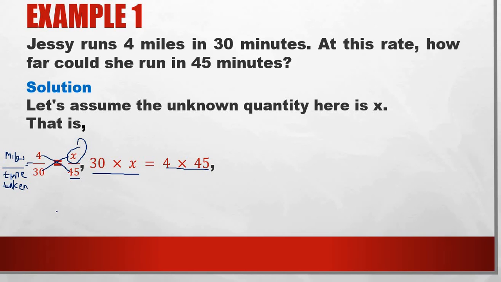Now I can simplify further, and if I do that, I'll have 30x equals 180. Then I can divide both sides by 30, having my x now below.